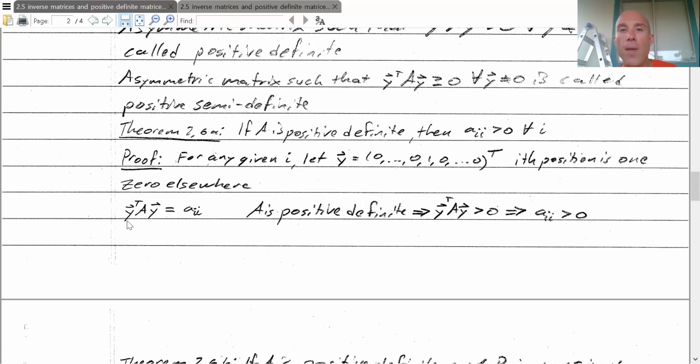If you think about that for a moment, that's just going to give me a_ii. A is positive definite, therefore no matter what I do, I have to get a positive number here. So this has to be positive, which means that I get my result.